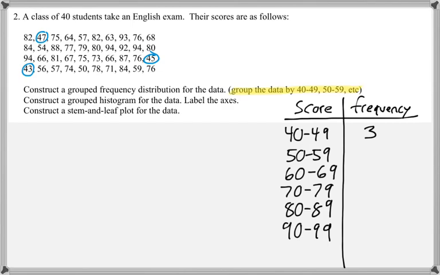And then for the 50s, it looks like I have 6 values. I have 6 values in the 60s.